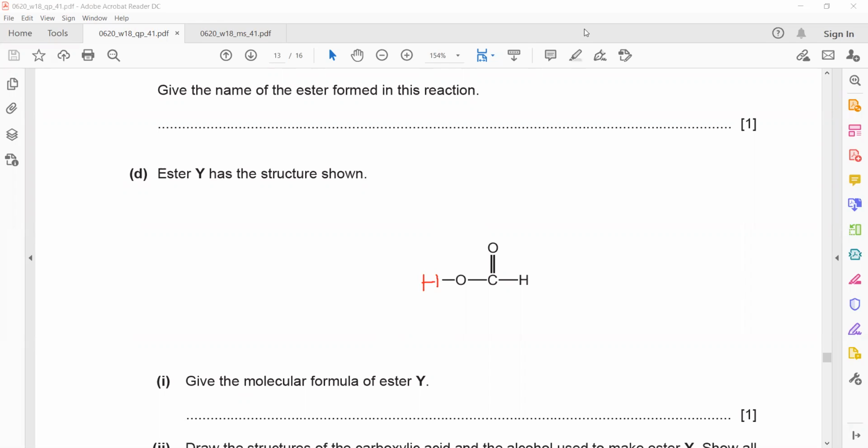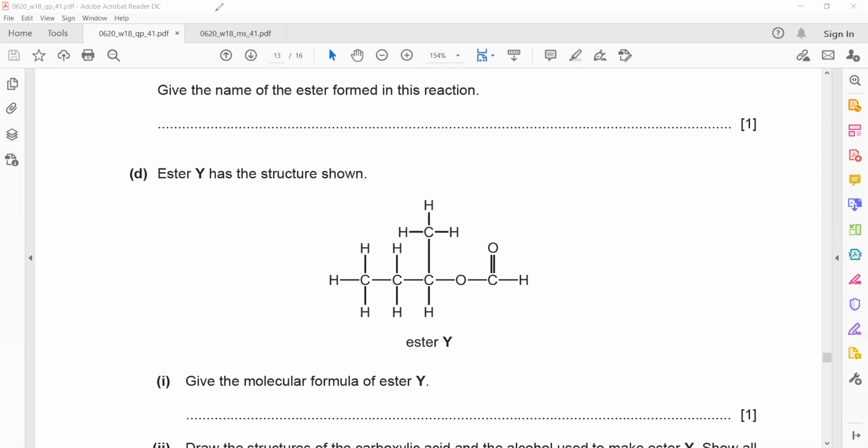And if I want to identify the structure of the alcohol, which alcohol is there? I will hide this C double bonded with O and the whole structure, and put OH. That alcohol will be there.